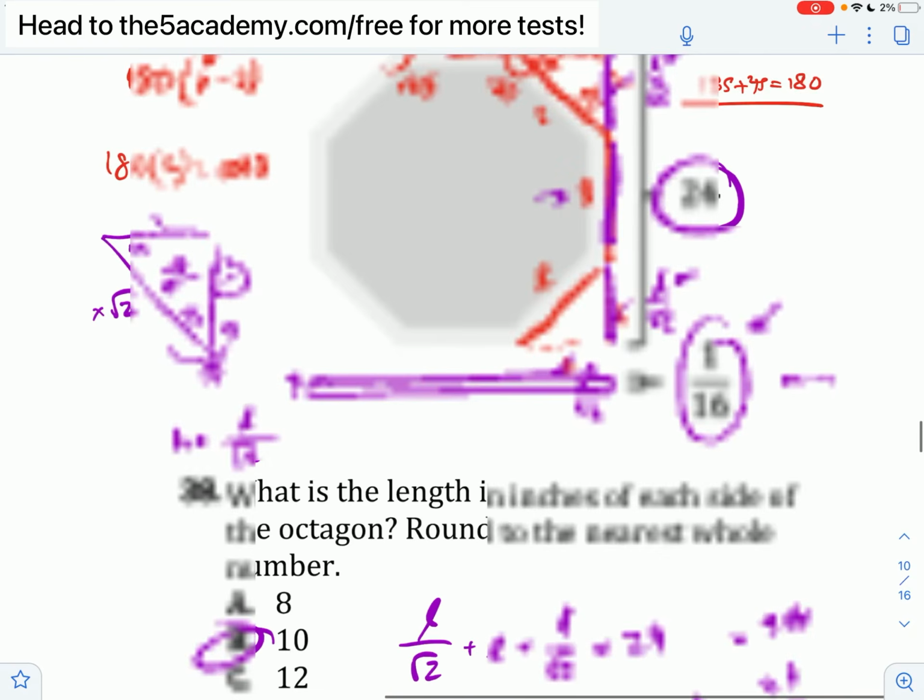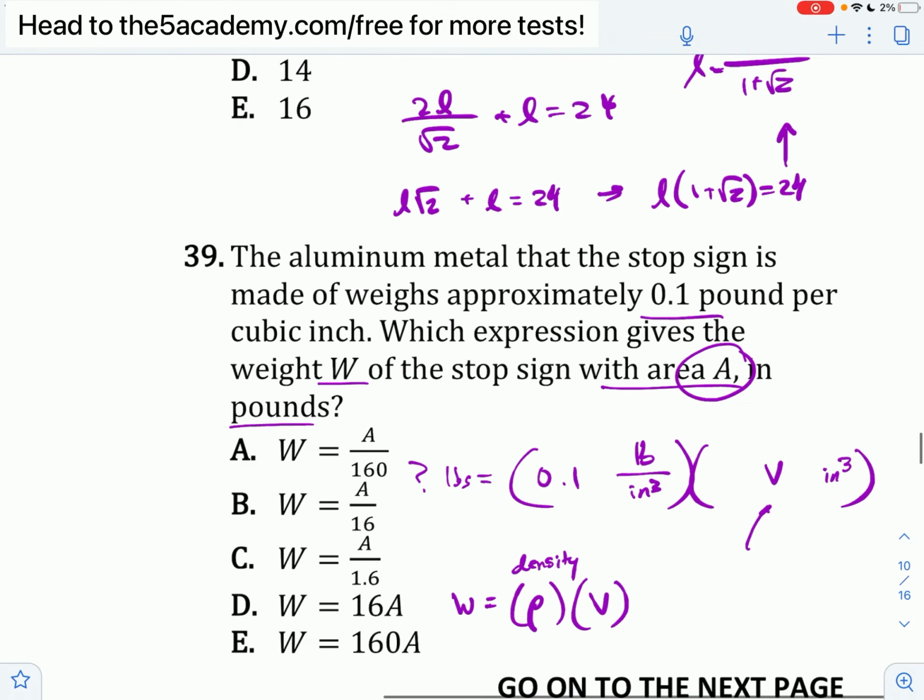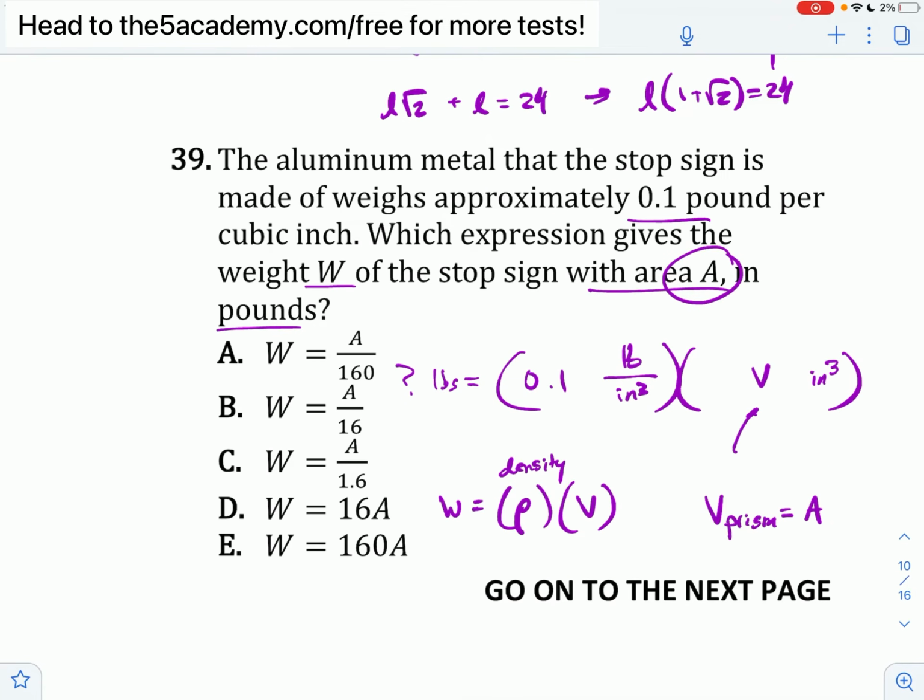Okay, the volume of any prism is just going to be the area of the prism face times the height that's extruded. So for example, a hexagonal prism might look like this, right? It goes on, and the hexagon ends back here, right?